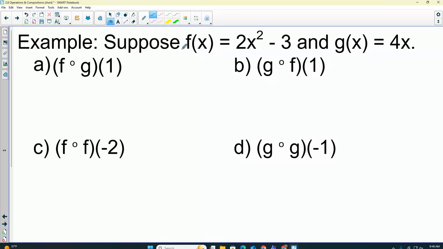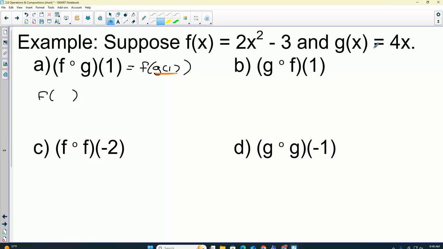So if I told you f of x was 2x squared minus 3 and g of x was 4x, and I asked you to find f composed with g of 1. That could also be written as f of g of 1. You start on the inside with g of 1.